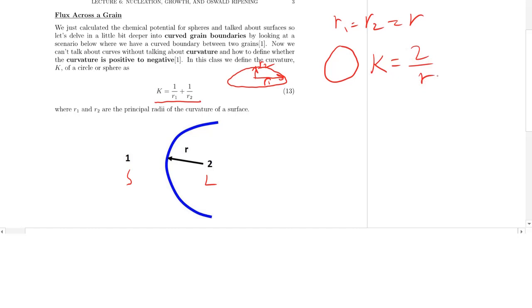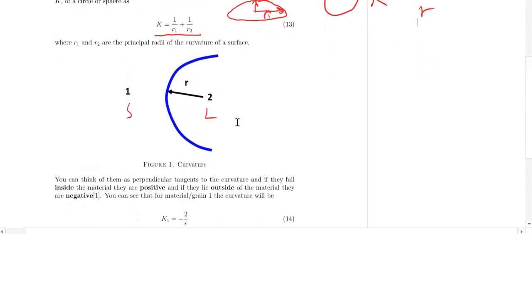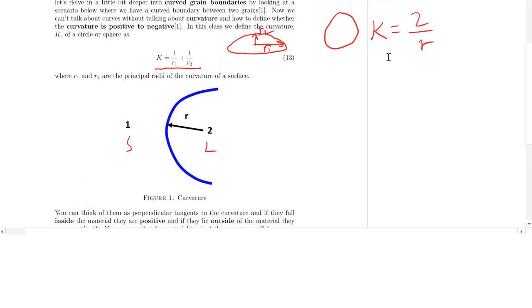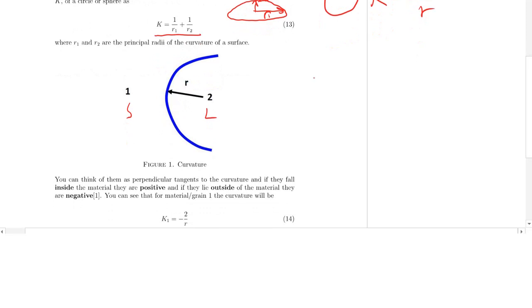Now, the key aspect, and what you'll see down here, is how do we define if the curvature is positive or negative? That's going to be the key aspect that we think about.